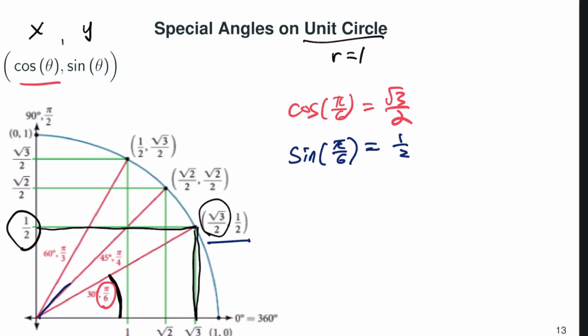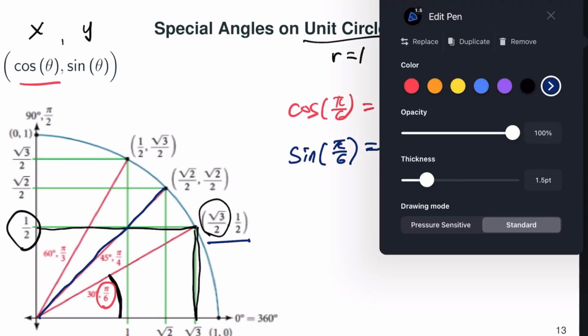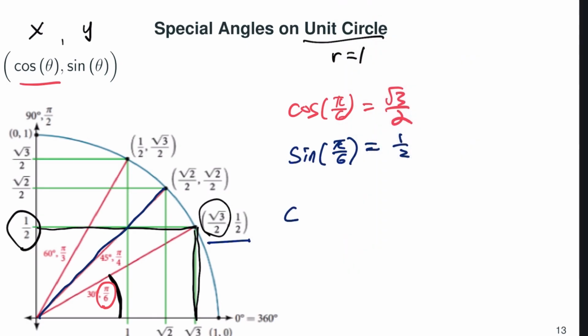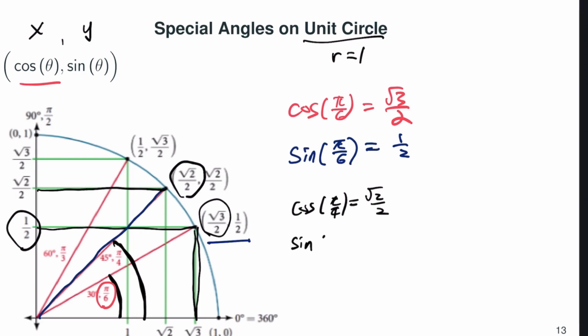And we can also find sine and cosine of 45 degrees, which is pi over 4. Cosine of pi over 4 is this value. For this angle, what is cosine? What is this distance? Well, square root of 2 over 2. And sine of pi over 4 is also square root of 2 over 2.